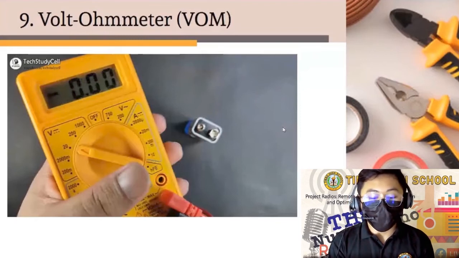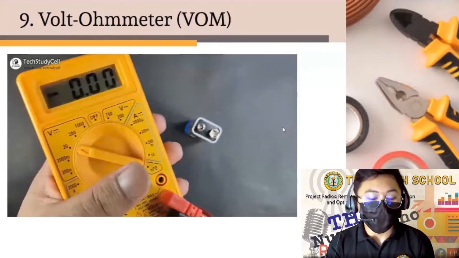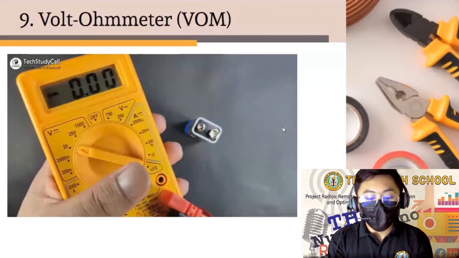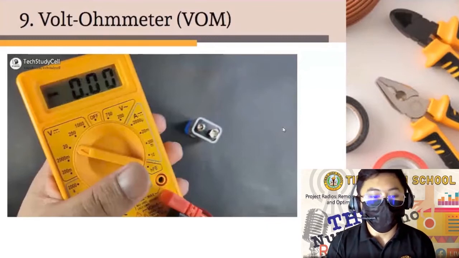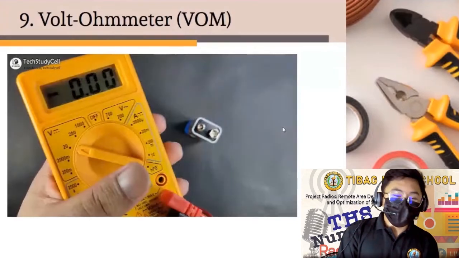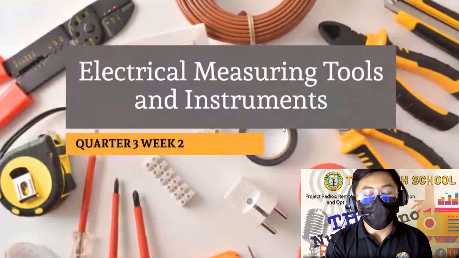Ganun din naman sa resistance and other electrical unit of measurement. And that is the main functionality of a volt-ohmmeter or multi-tester. And ganun lang din siya gamitin. So are we clear on that? Great! And yun yung mga electrical measuring tools and instruments.